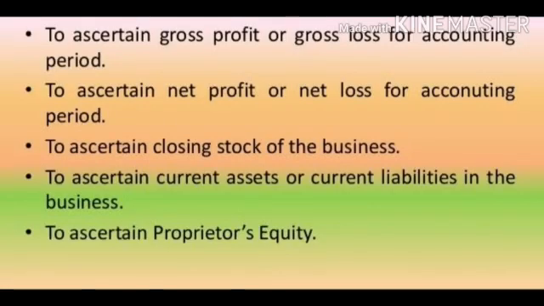Third, to prepare a plan for the future, as well as to know the assets and liabilities position during the accounting year, as well as to calculate the various ratios for analysis, that is GP ratio, cost ratio, quick ratio. All these ratios are necessary in final account.